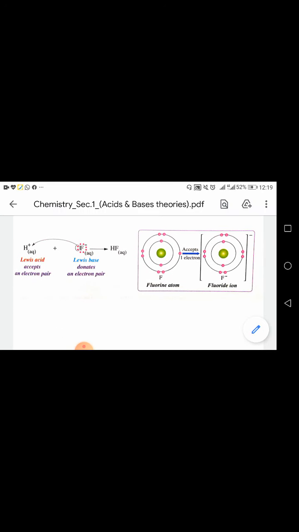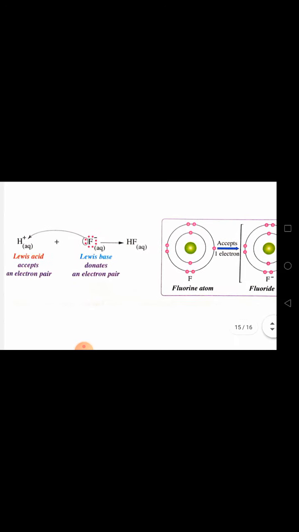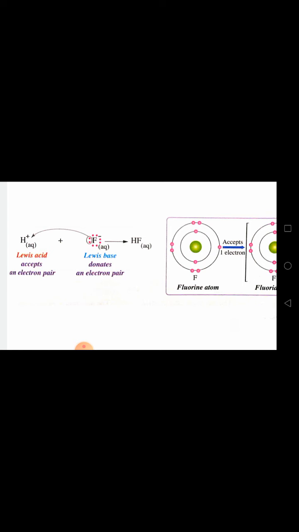Here is an example to illustrate the Lewis theory. Lewis theory explains this donation and acceptance of electron pairs as we see now. Fluoride ion has 4 electron pairs.